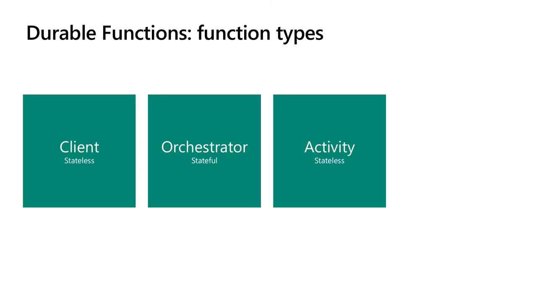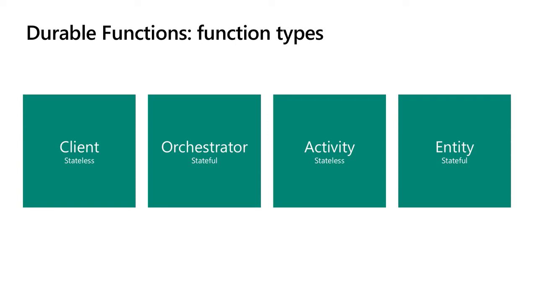So if we look at our portfolio of function types associated with Durable, we have the client, that thing that actually lets us start an orchestration, works with any trigger. The orchestrator function, which is actually how we define in code all those things that we actually want to get done. And then the activity function, which is the unit of meaningful work that makes up that orchestration. Enter the entity function. And you can notice I've got these notes about stateless and stateful, right?